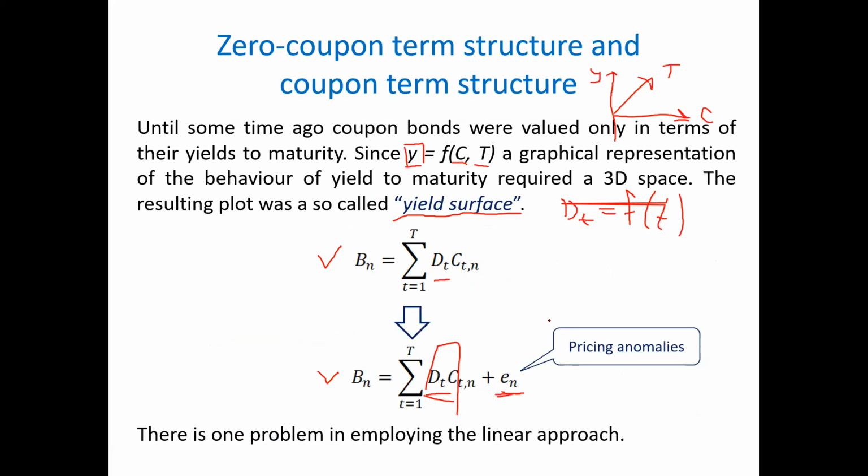If this is so, then essentially we cannot reconstruct the fair coupon bond price, and therefore we will not be able to detect pricing anomalies. And therefore, we really don't know if there is pricing consistency in the markets or there is no pricing consistency, because we just cannot detect any pricing anomaly because we do not have enough discount prices.